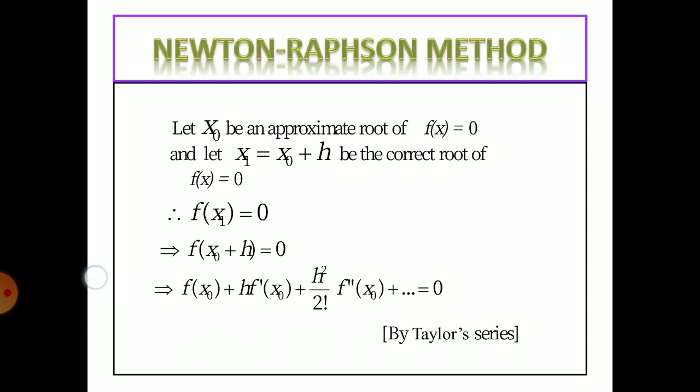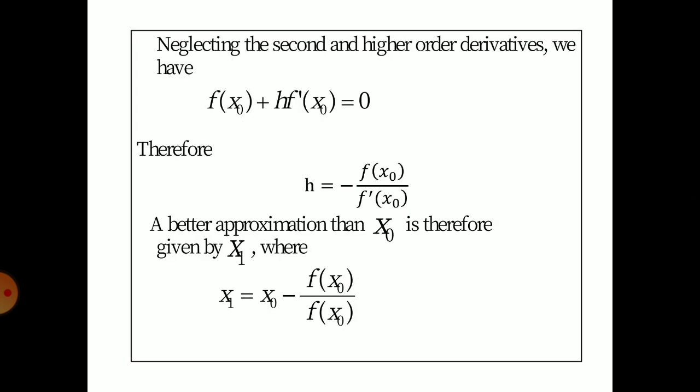What remains? f(x0) + h f'(x0) = 0, because we are neglecting second and higher order derivatives. Now from this equation we can obtain the value of h.